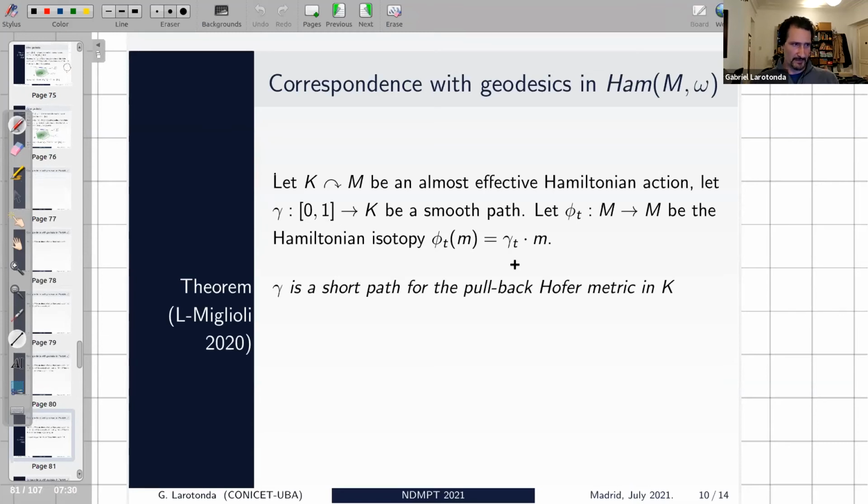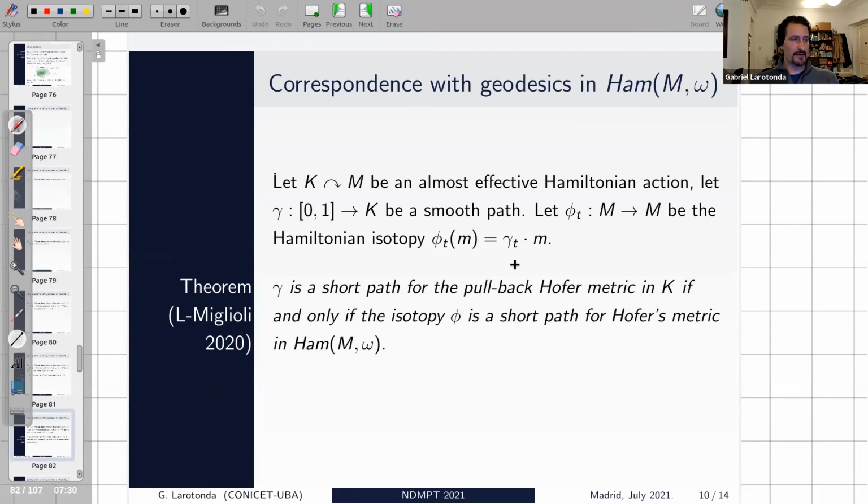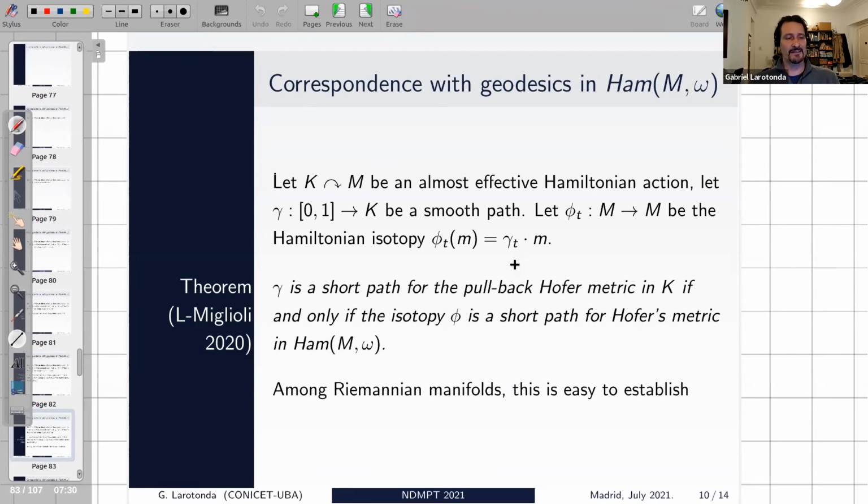And the theorem is that gamma is short in K if and only if the isotopy is short in the group of Hamiltonian diffeomorphisms for the Hofer metric.